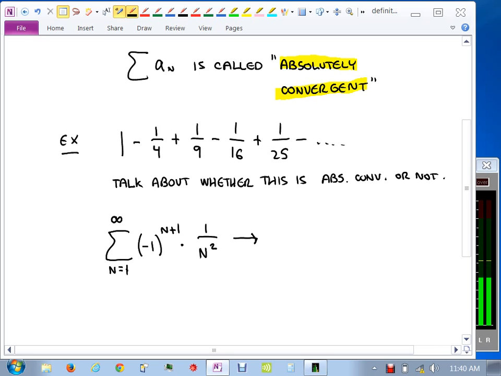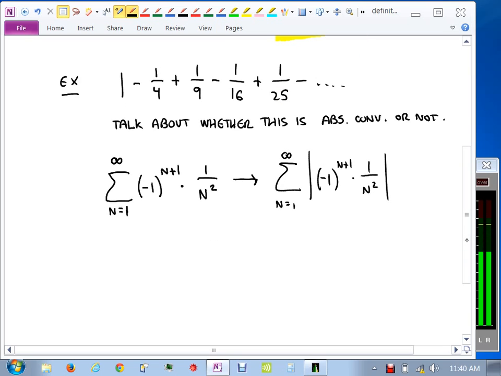of the inside. And what's going to happen when I look at the absolute value? Sum n equals 1 to infinity of the absolute value of this. It'll just be what? 1 over n squared, because the absolute value of that -1 won't matter anymore, it's 1.